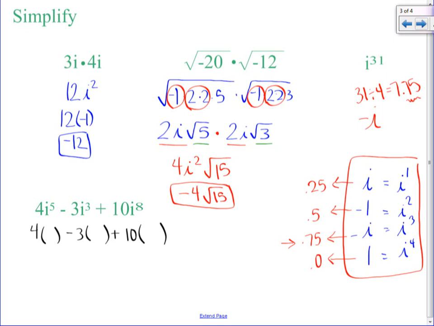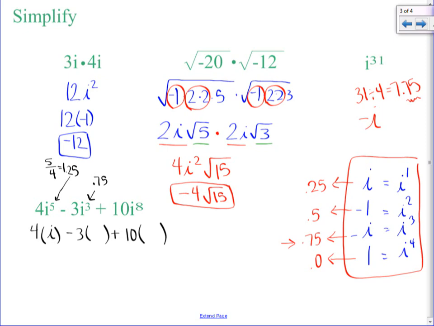So we're looking at the top one. So we replace it with i. 3 divided by 4 is 0.75.